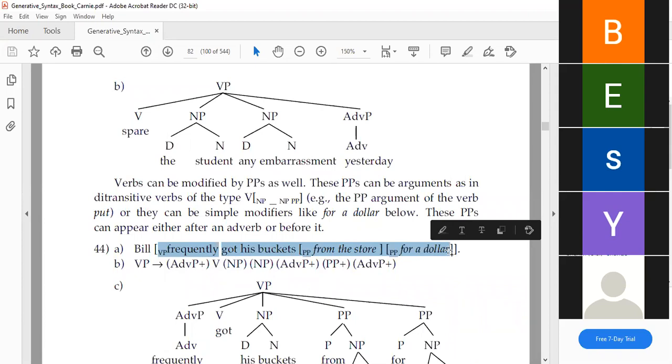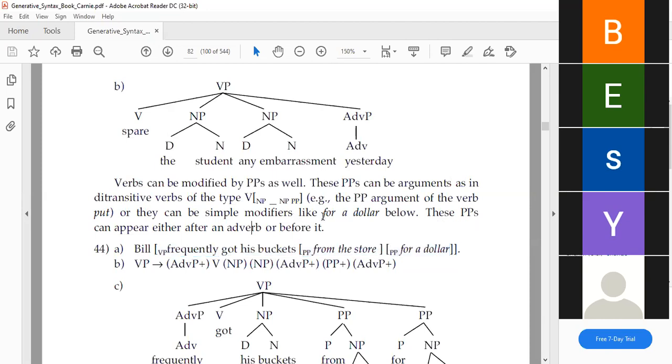And also, of course, we can have more than two: from the store, in my neighborhood, for $1. We can have two, three, four, five prepositional phrases. That's why we need to change the rule one more time.